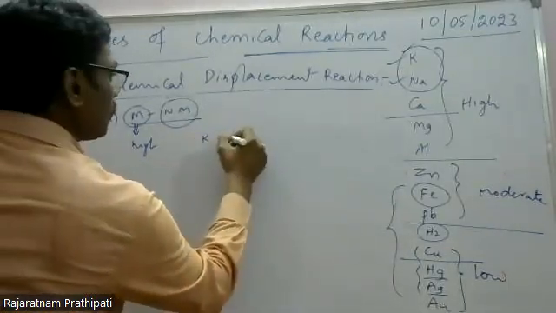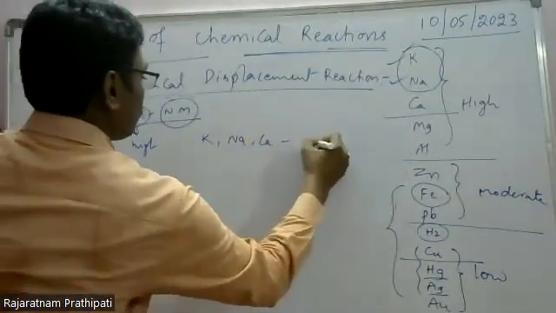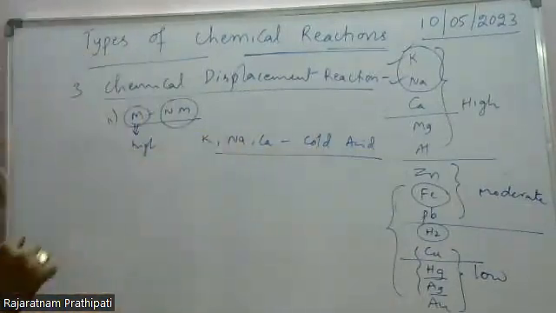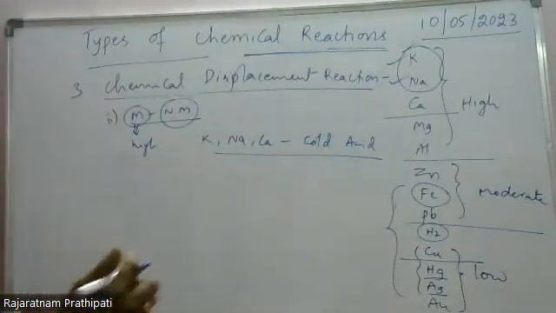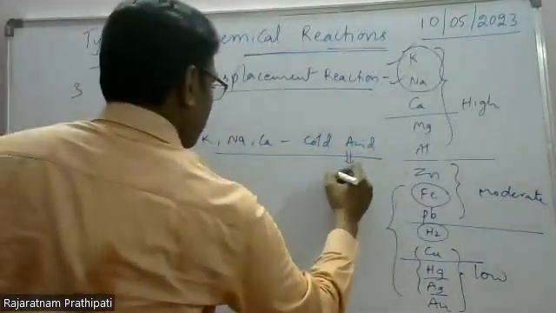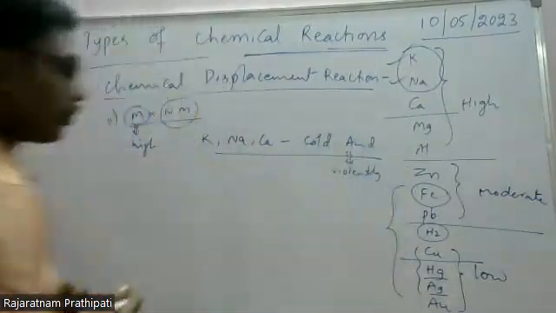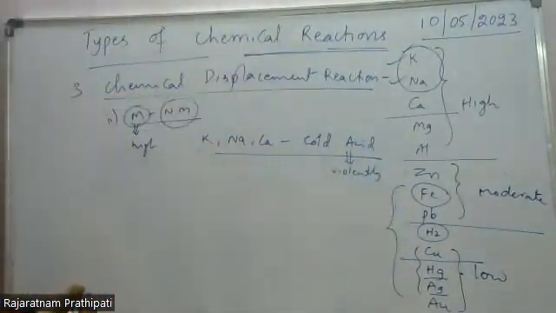Here, potassium, sodium, calcium can displace hydrogen from cold dilute acid, and that too violently. Violently means explosively.